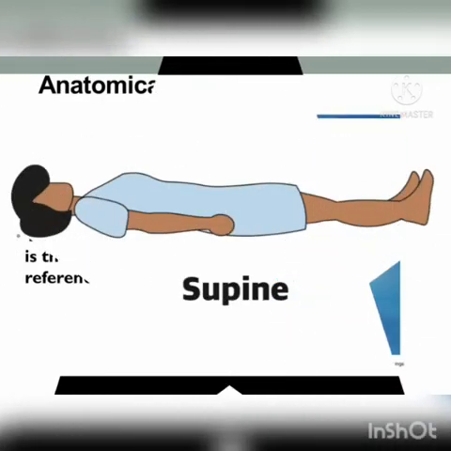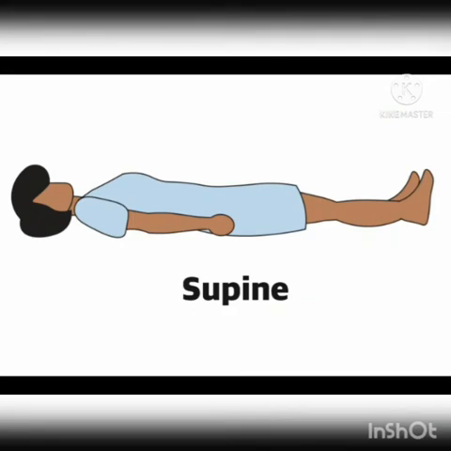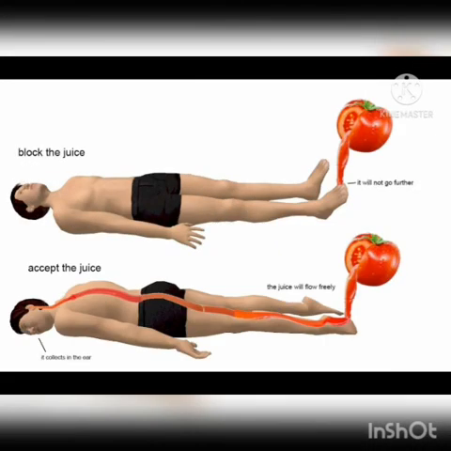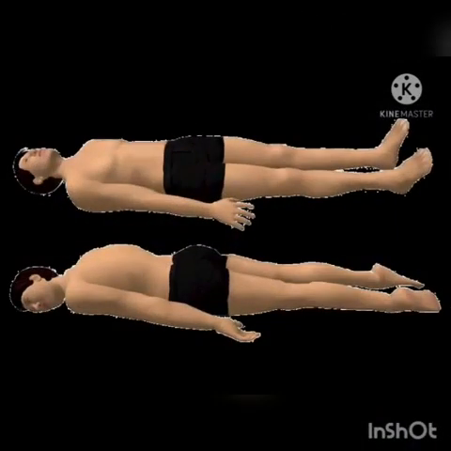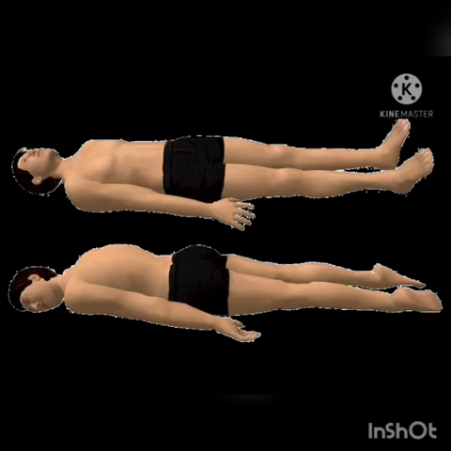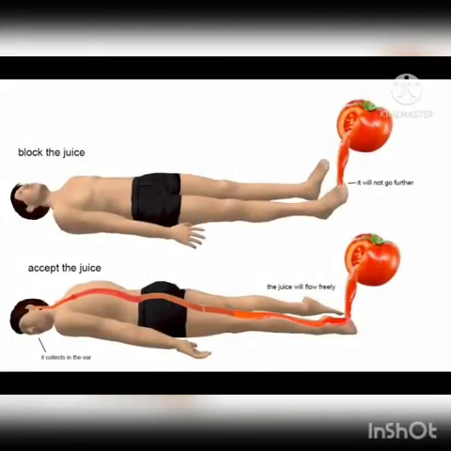The supine position is the position of lying with the face directed upwards and your back resting on the surface. This is called the supine position. The opposite of the supine position, what you see here, is the prone position.